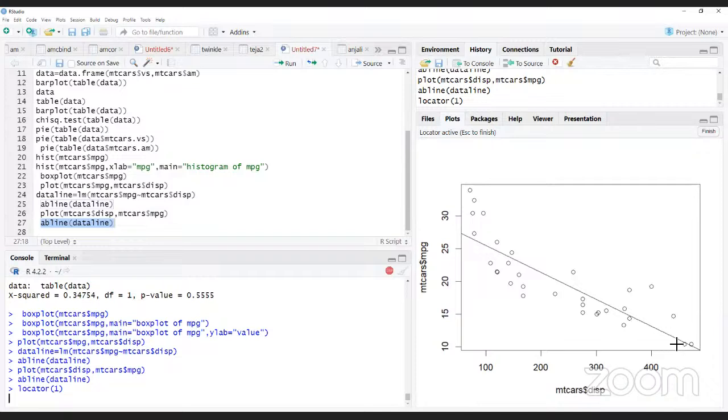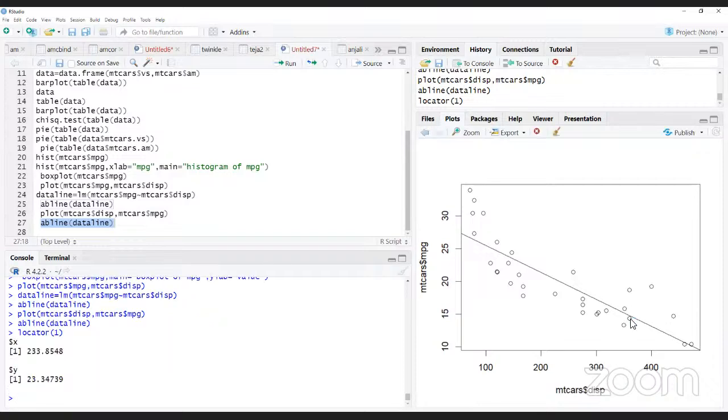Not that one, you can take the very close one. Yeah, click it. So this is the data.